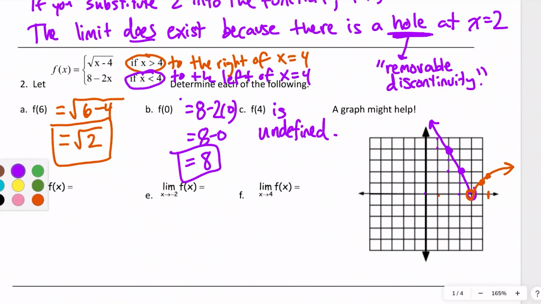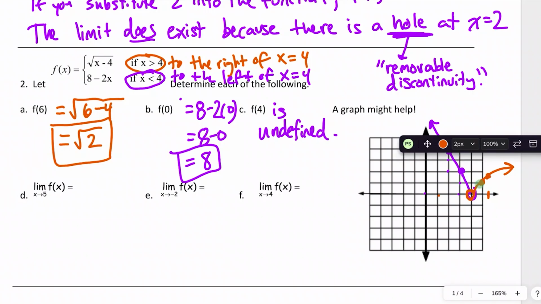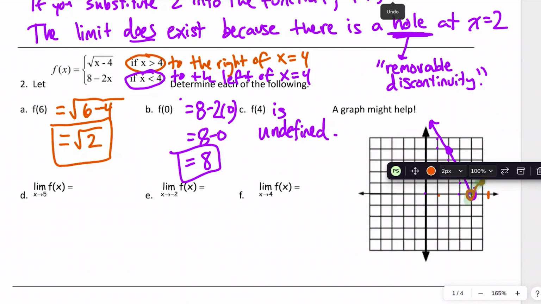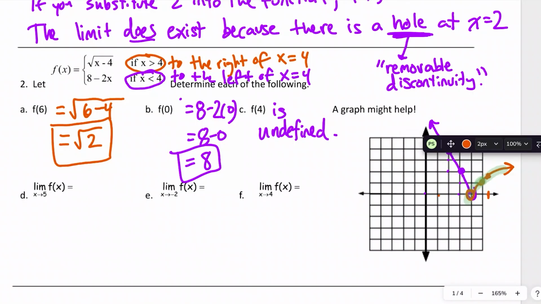We need to examine both what's happening on the left side and the right side of 5. So 5 is right there. As I approach it from the left, it's getting closer to 1. As I approach it from the right, it's also getting closer to 1. So this would just be 1.